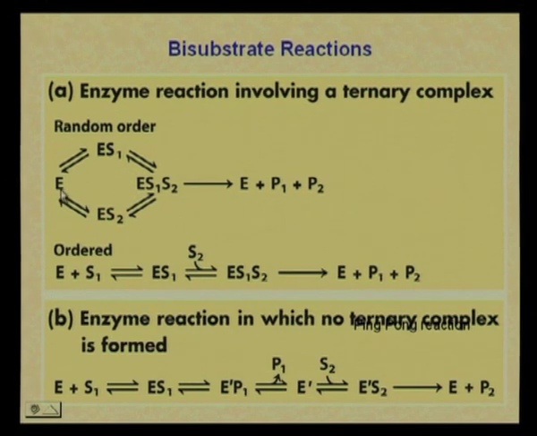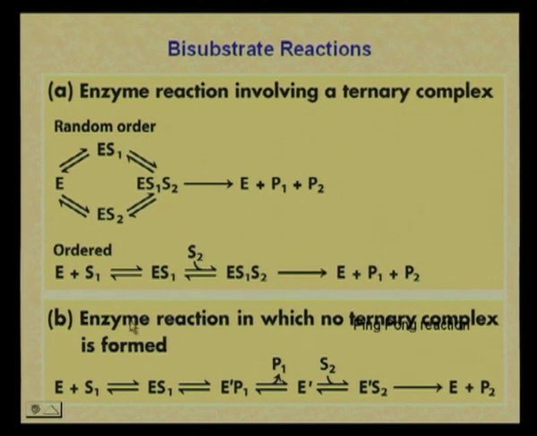So, now you see from this reaction scheme that E could either form ES2 or it could form ES1, right? It could form either of them. Then if this forms S1, obviously S2 has to bind now, and if this forms S2 first, then S1 has to bind now. So, we form the ES1S2 ternary complex. Then we have product formation, where we get E plus P1 plus P2.